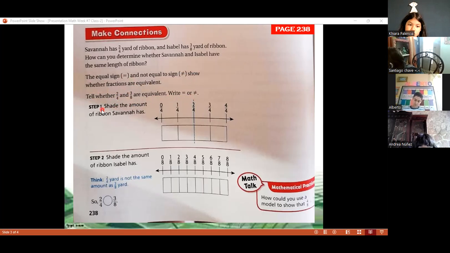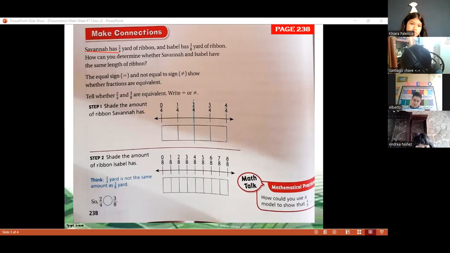So let's follow these steps. Step number 1, shade the amount of ribbon that Savannah has. Here we have a line, we can use this model, or we can use the ruler that we are using. So step 1, shade. In this part, we're going to shade 2 out of 4. It says Savannah has 2 out of 4, you see?